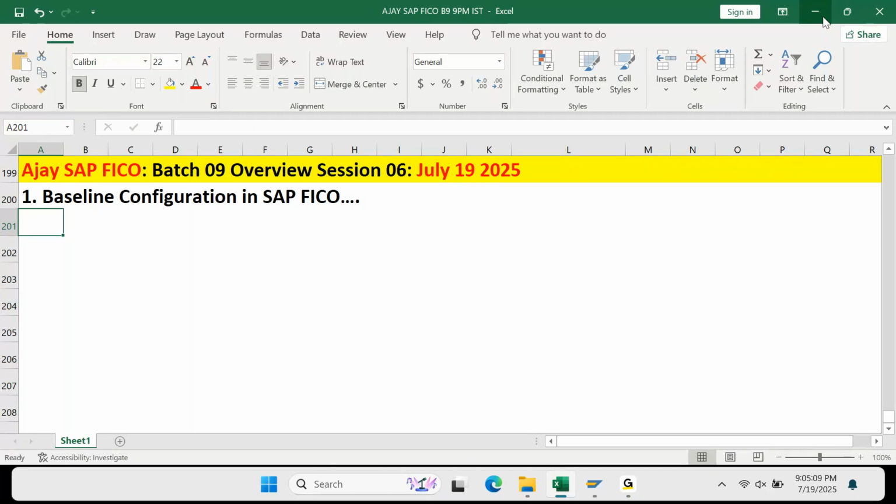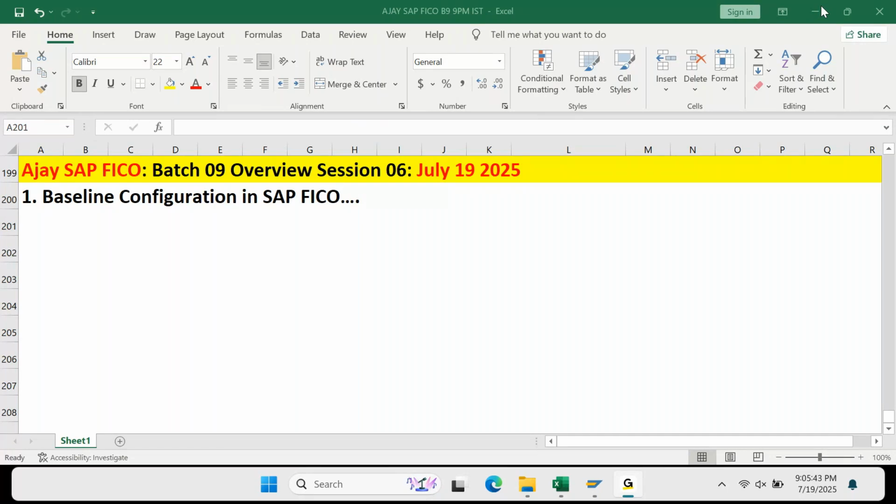Meaning, if you are joining a project tomorrow, you will be working for a company which has a legal name. Am I correct? You need to understand how they are currently operating in the market, how many legal entities they have, where they are operating, and how they want to move into SAP.